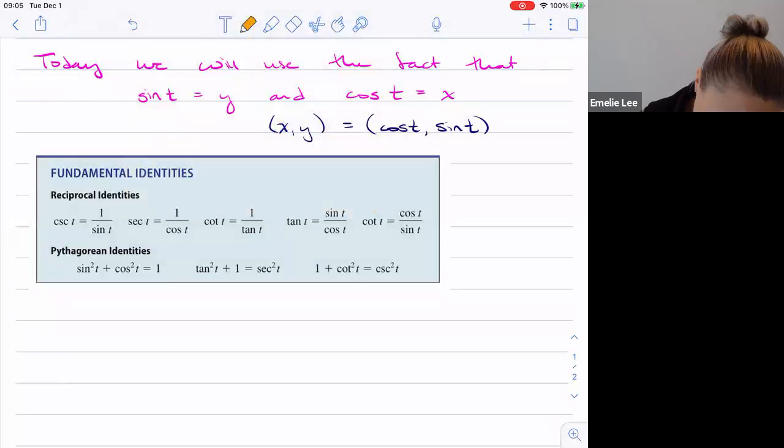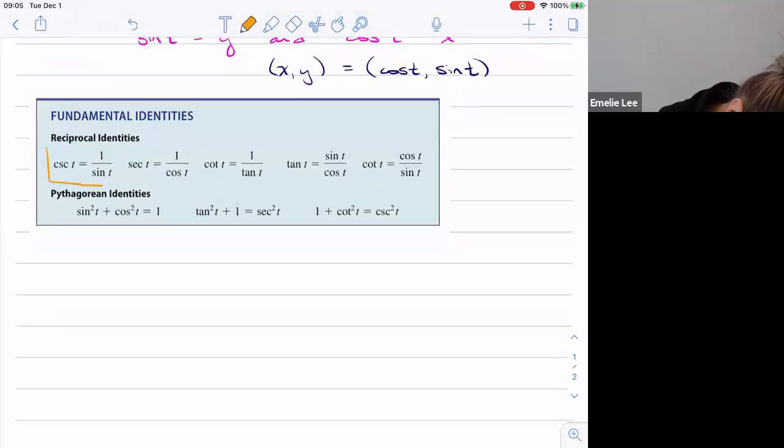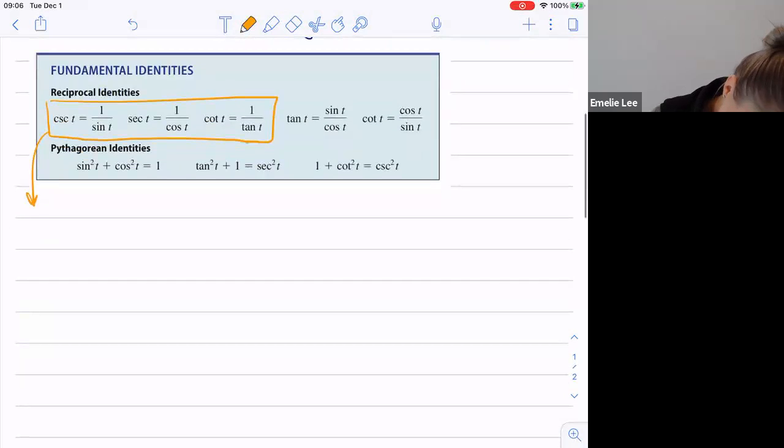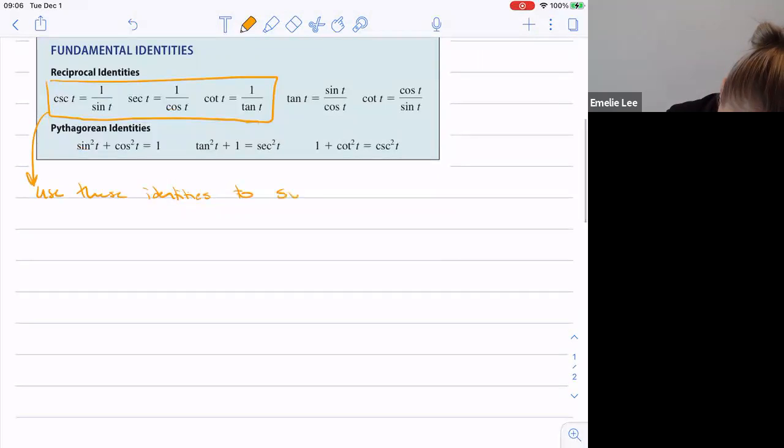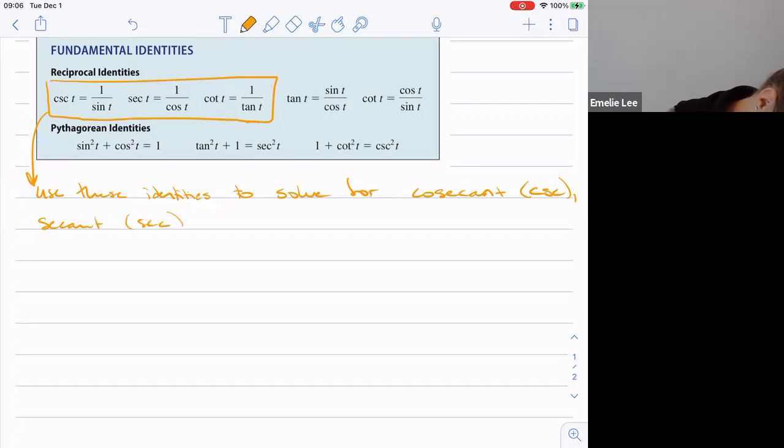So here, use these identities to solve for cosecant, secant, and cotangent.